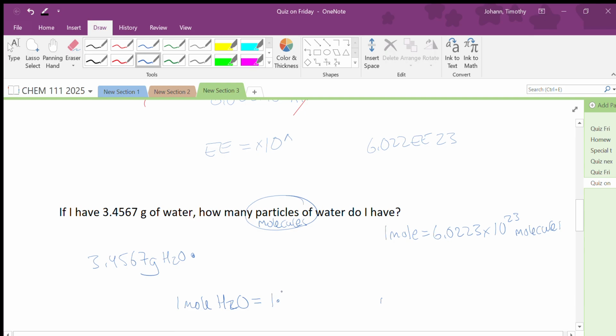So I'm going to do 2 times the atomic weight of hydrogen plus 1 times the atomic weight of oxygen.